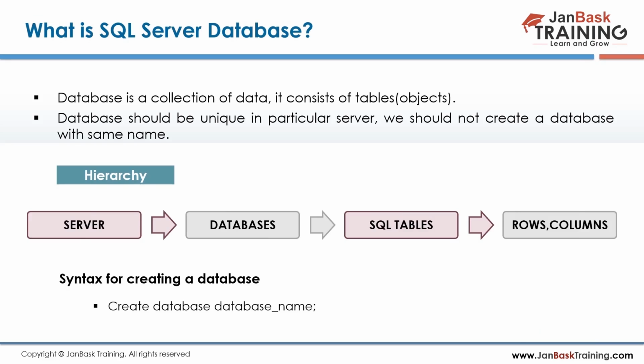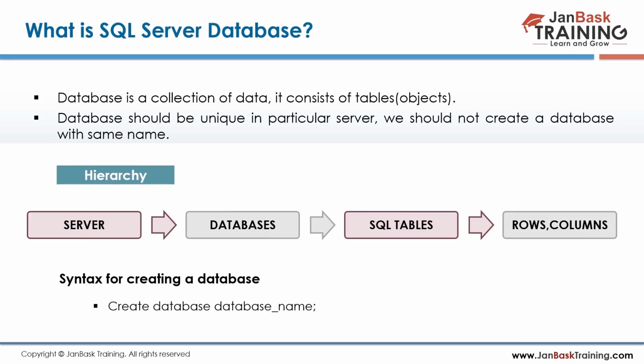Let's say you have a single machine, but this machine is being used by different components. One of them is your banking deposit component, one of them is your banking credit card component, one of them is your banking loan component. All three components have three different databases.